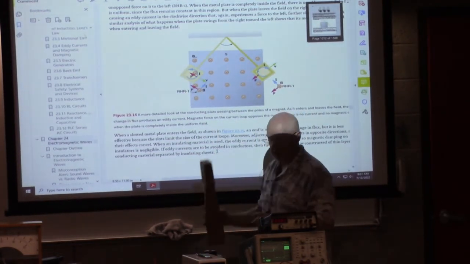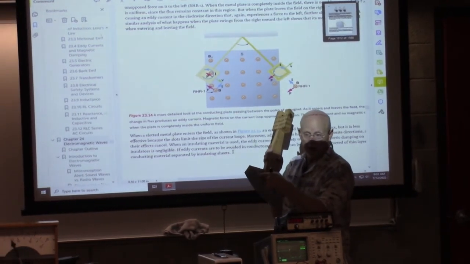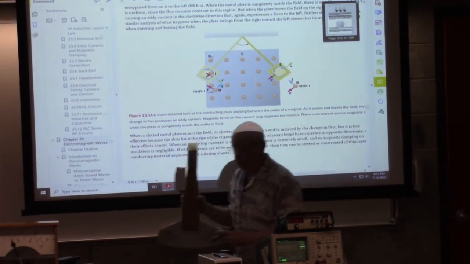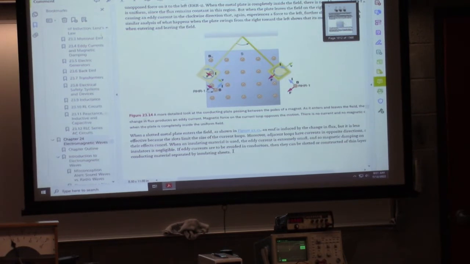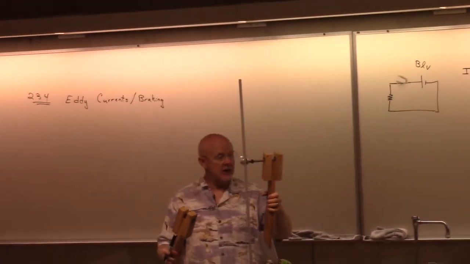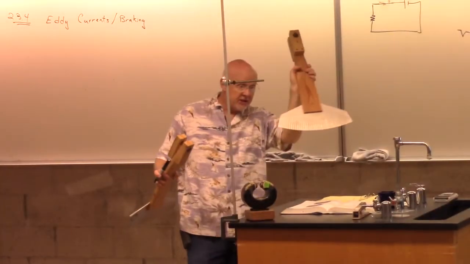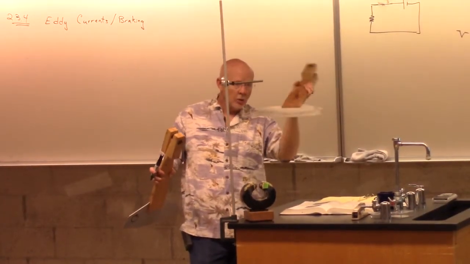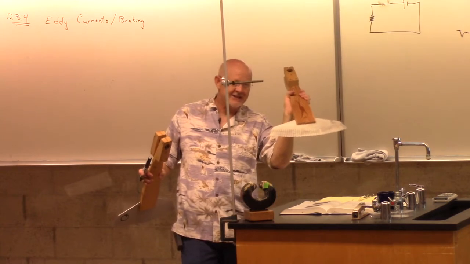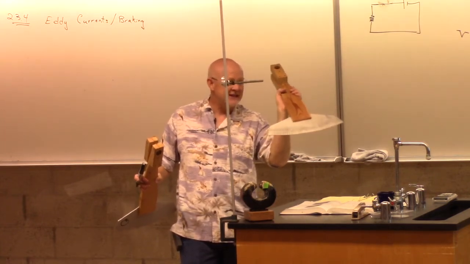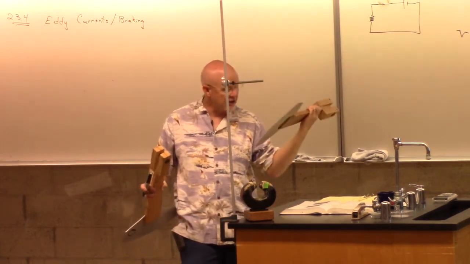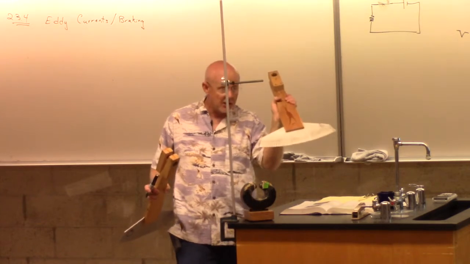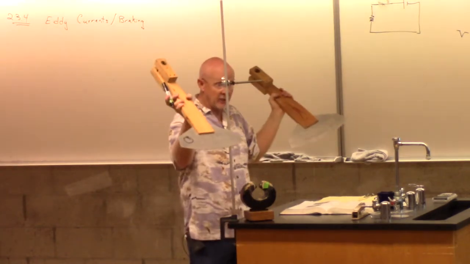Counterclockwise current is going to set up in here. Which, by the way, is why this one didn't work, because by cutting the metal pieces, we've interrupted the flow of the electrons. You don't get these eddy currents. Now you might say you get little tiny ones. Okay, so we get some, but we don't get nearly the number we get here.